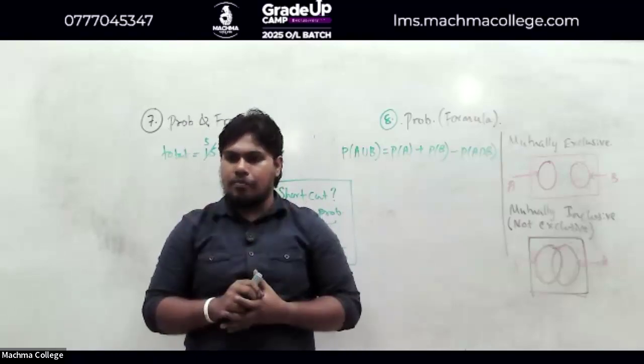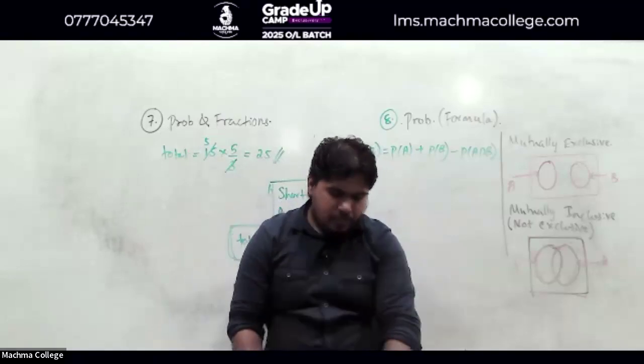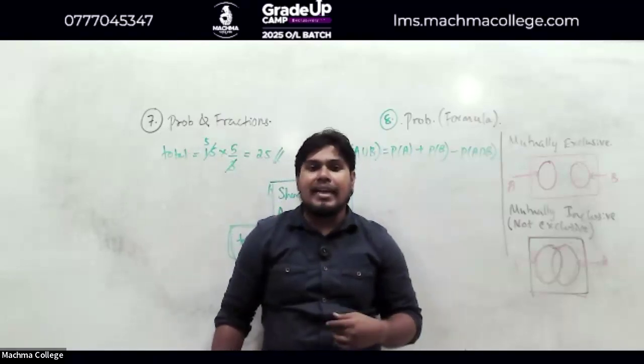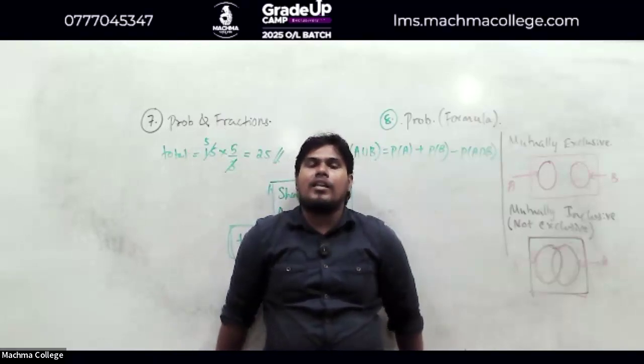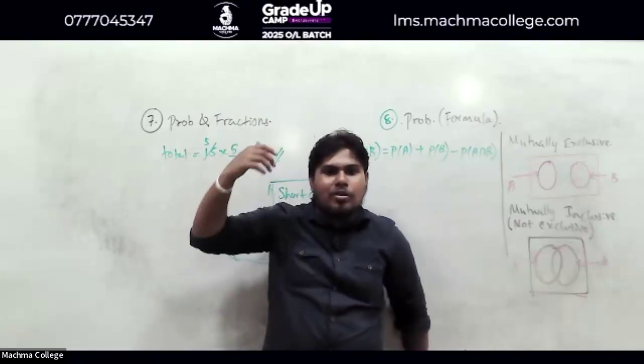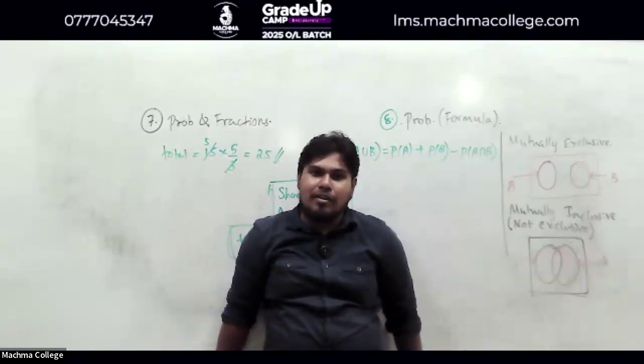For an example, let's say there is an event that doesn't happen. Suppose a dinosaur comes through this door. It's an event. What's the probability of that event? 0. Why is that? That event doesn't happen.